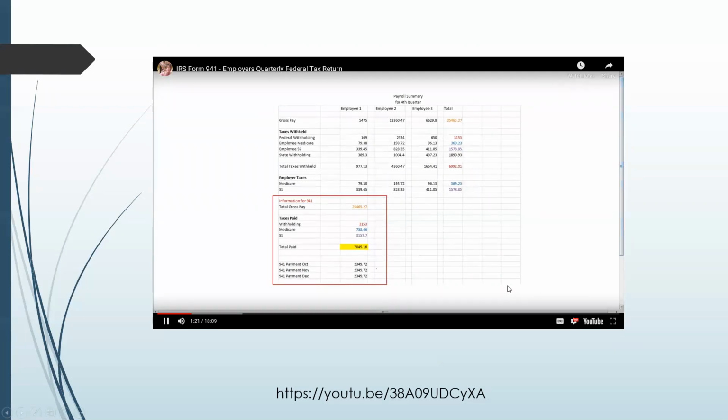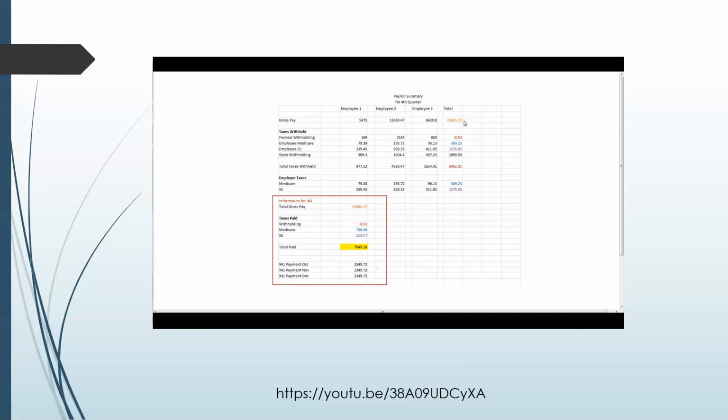So I have 3 employees and I've included their gross pay for each employee. And then in the last column, I've totaled the gross pay. So my total for gross pay is $25,465.27.